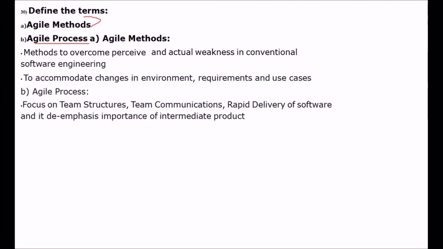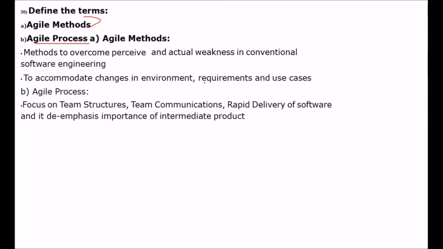What are the methods? The methods which are applied to overcome the weaknesses of conventional software engineering, like what we have seen in waterfall and other models. And process means, one more thing, to accommodate changes in the environment, because things will change. Change is the only thing which never changes.